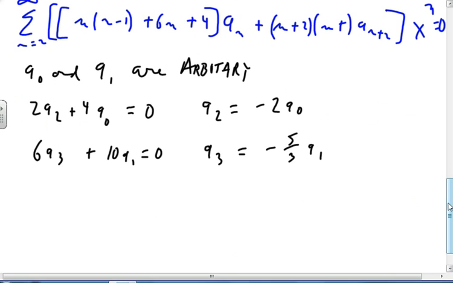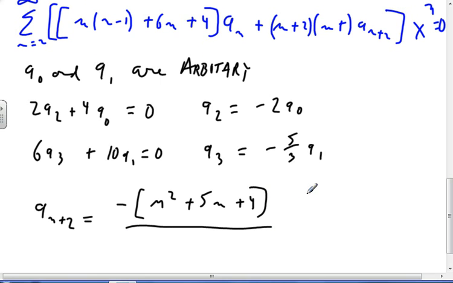Okay, I look at my recurring formula, and I have a n plus 2. Everything inside this bracket here has to be 0. Minus. Okay, I've got an n squared plus 5n plus 4 divided by n plus 2, n plus 1, an.